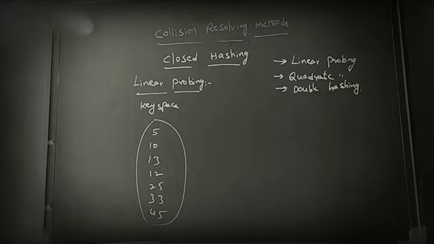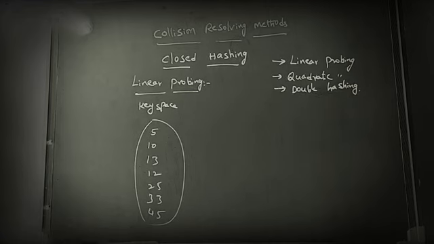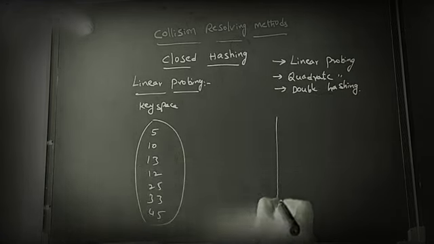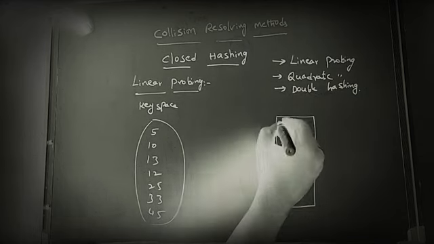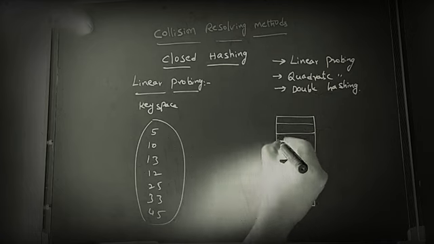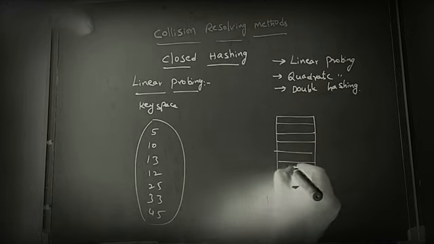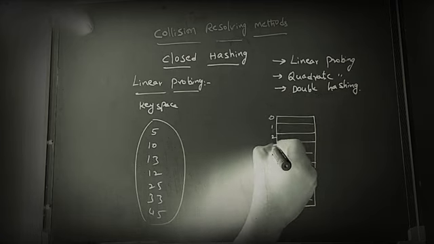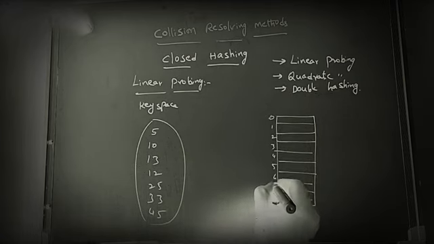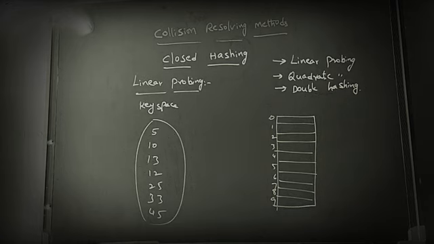So let us consider these are the keys I need to place in the memory. The memory is restricted to 0 to 9, that is 10 portions: 0, 1, 2, 3, 4, 5, 6, 7, 8, 9. So 10 portions are divided.